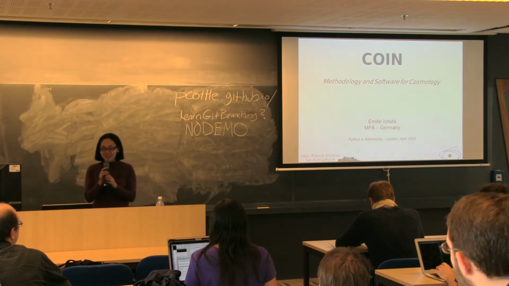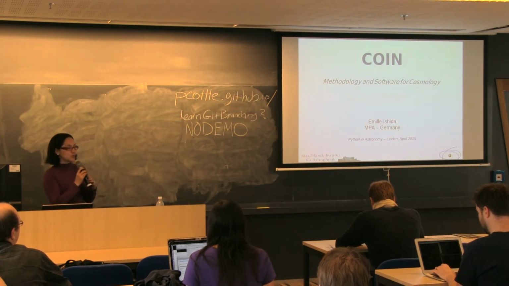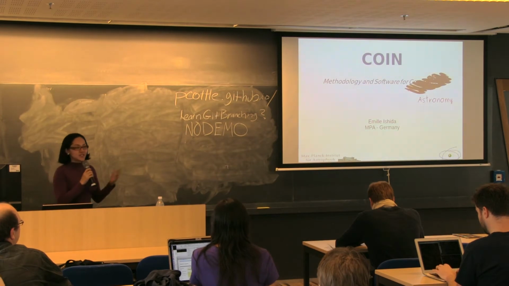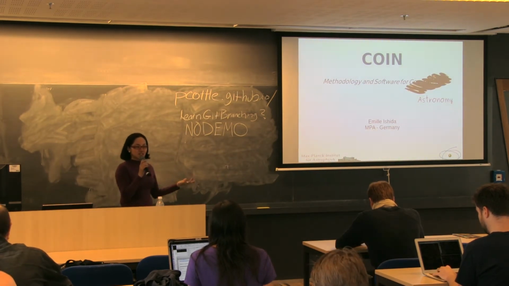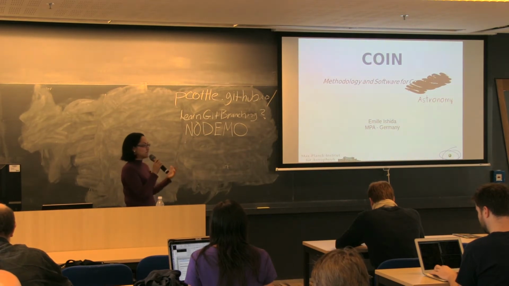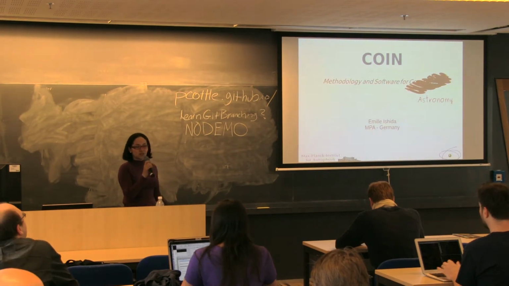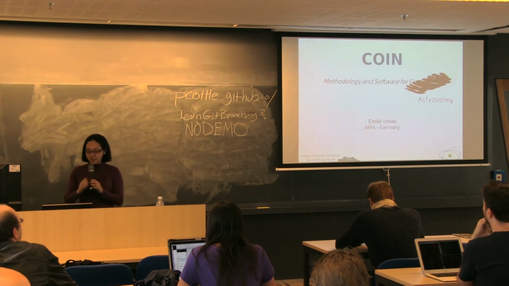So the point is, COIN started as a cosmology thing, but now it could be more astronomy. We are not only stuck to cosmological issues. We have all kinds of areas in astronomy where we have some kind of project on.